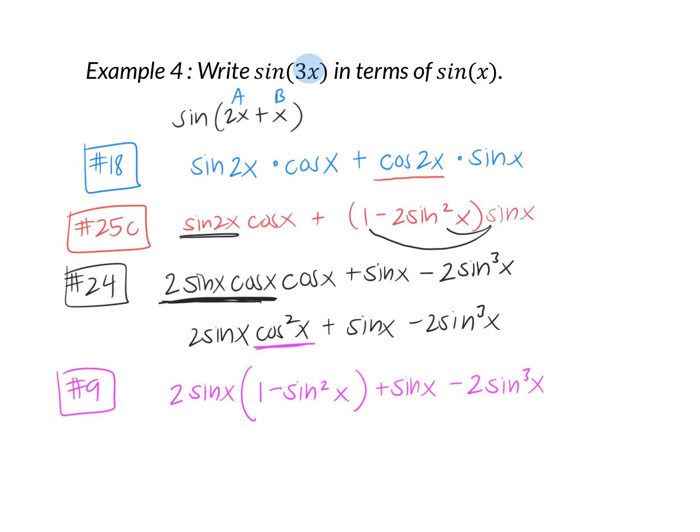Now let's just simplify it. Okay? So I've got to distribute this. 2 sine of x times negative sine squared. That's going to be negative 2 sine cubed of x. And then I've got my plus sine of x minus 2 sine cubed of x.